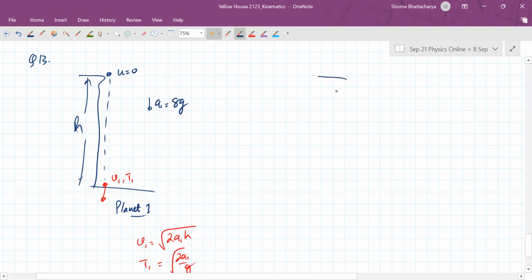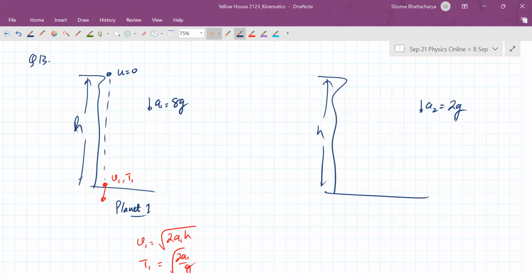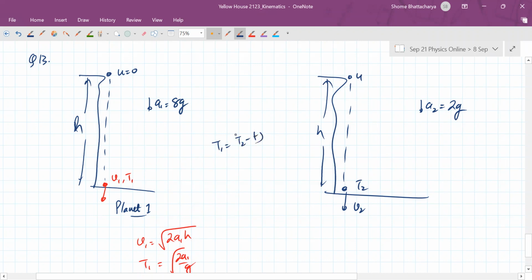Now compare the same situation to the second planet. You're dropping it from the same height h, but in the second planet your acceleration due to gravity is how much? It's 2g, right? Yes, sir. Yeah, acceleration due to gravity is 2g. Okay. So here if it reaches a velocity v2 at a time t2, now it's given to us that t1 is equal to t2 minus t because it takes t seconds less.